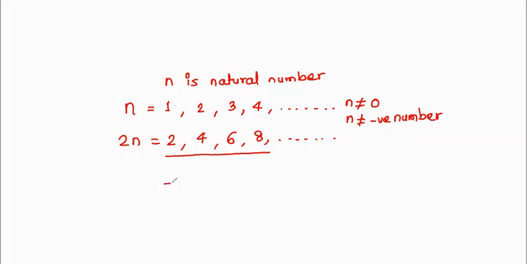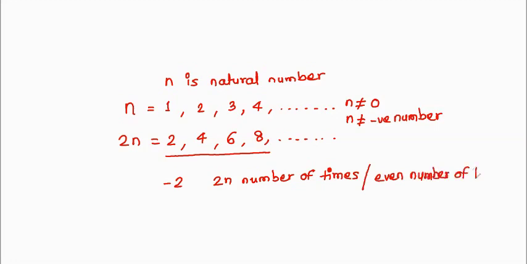So if I multiply minus 2n number of times, which means an even number of times, what happens?